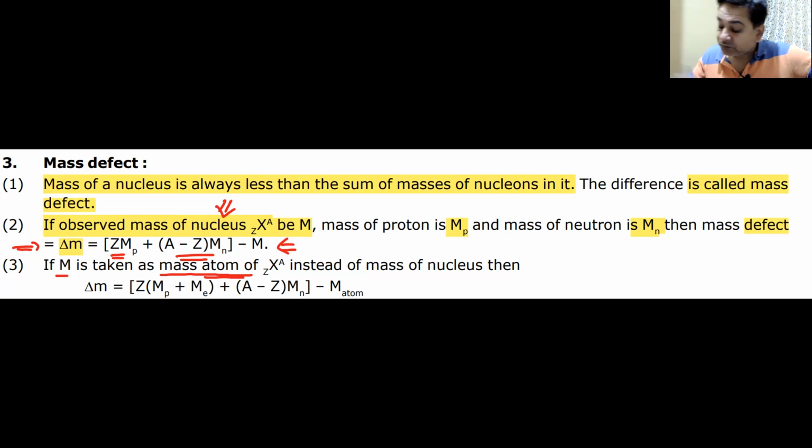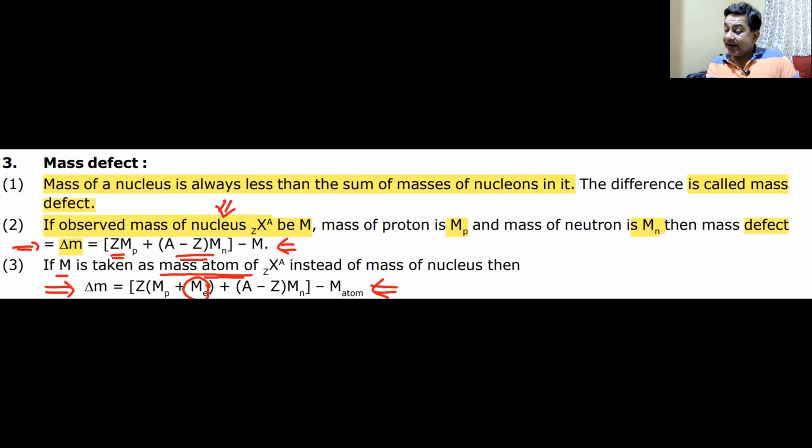If I take the mass of the atom, then the formula becomes somewhat different, because the mass of the electrons is also added into it. That is why the mass of the electron part comes here. Because in the mass of the atom the mass of the electrons is added, I have to subtract it. That's why the formula looks different. Do we understand this?